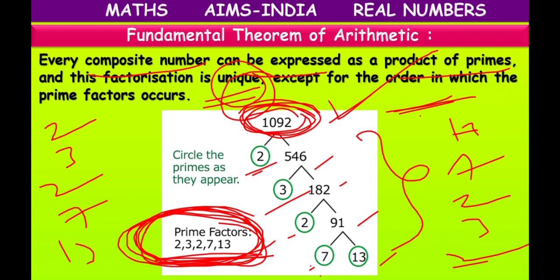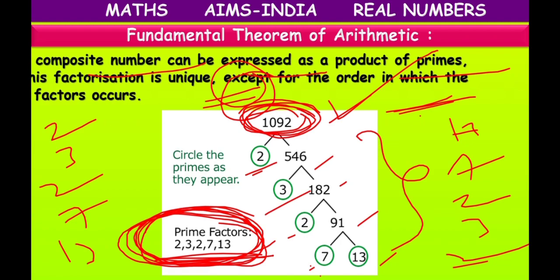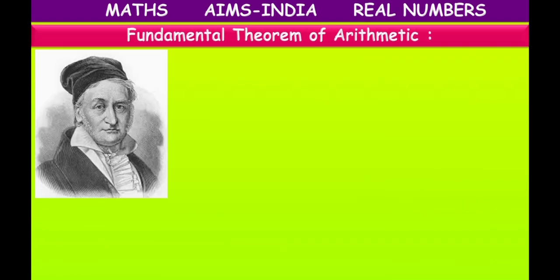That factorization is unique. It exists in its own way, like one kind, except for the order of prime factors in which we are representing. This is called the fundamental theorem of arithmetic.